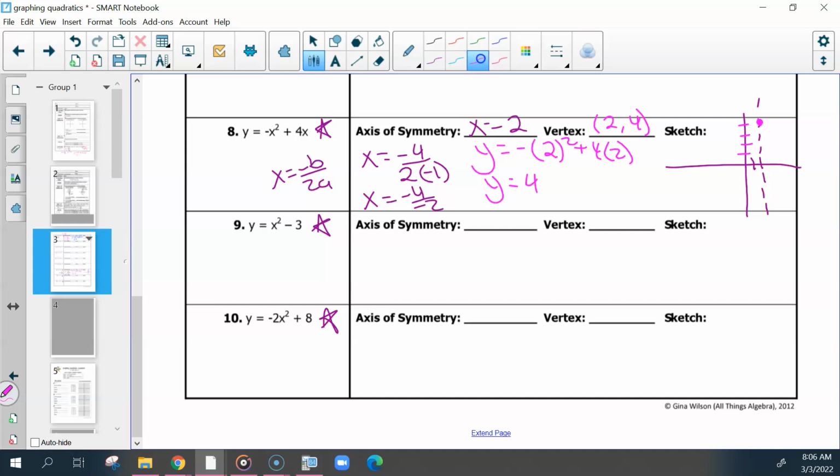Your a value is negative. So before we get into the actual graphs, practicing this stuff will help us once we get to actually graphing this. Before we move on, do we have any questions so far?